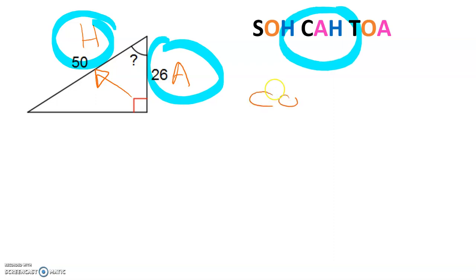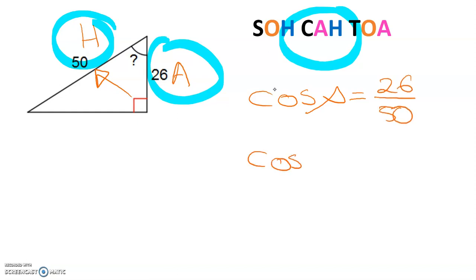So write the identity. Cos of my angle equals A over H, so 26 over 50. We don't know the angle, so we have to use the inverse function of 26 over 50. Enter that into your calculator and you get 59 degrees.